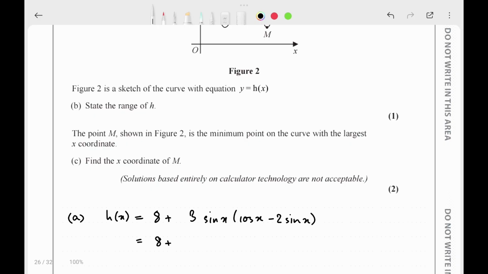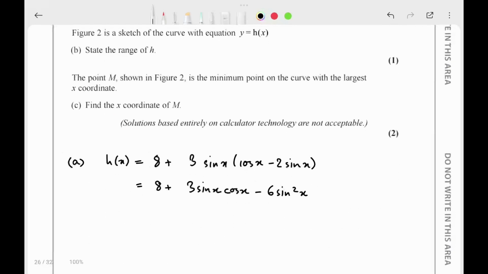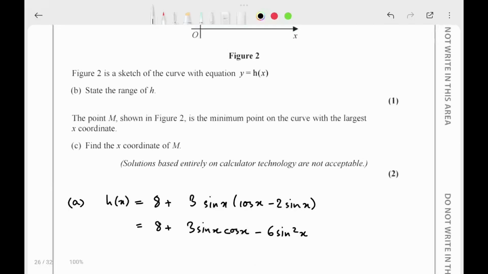Let's simplify this. And previously, we already know that sine 2x is equal to 2 sine x cos x, and cos 2x can be written as 1 minus 2 sine square x.